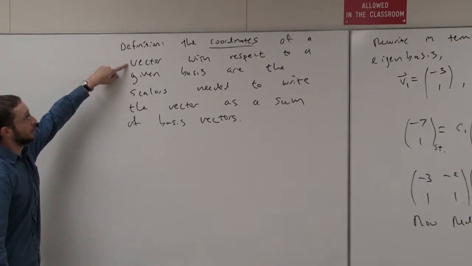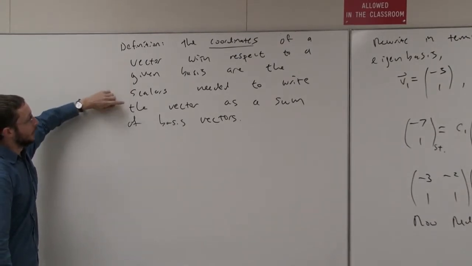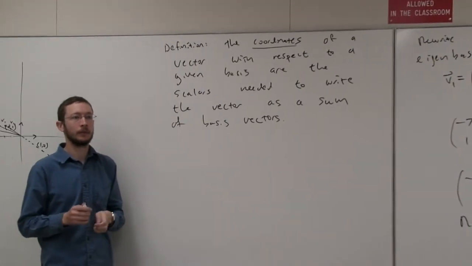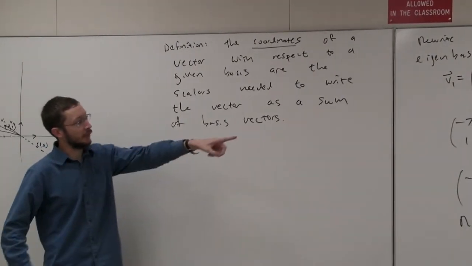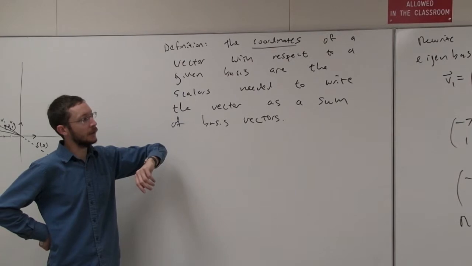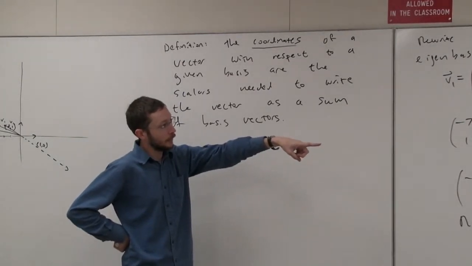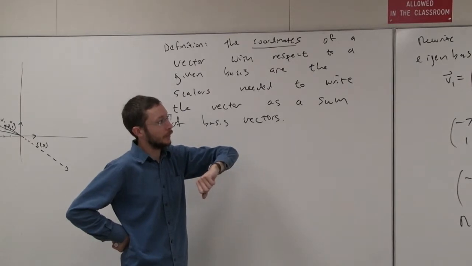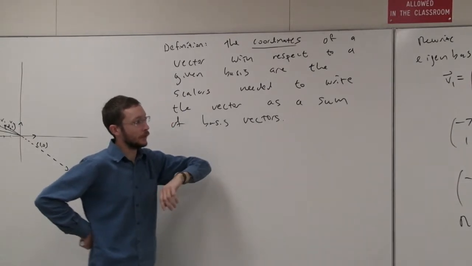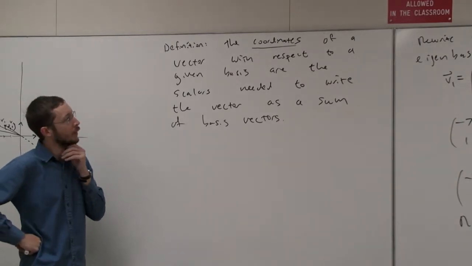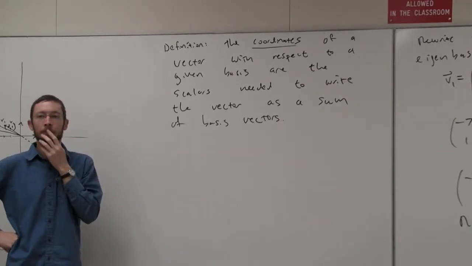So the coordinates for a vector are just the scalars needed to write that vector as a sum of the basis vectors that you're using. Okay? So that's it. That 5, -4, those are the scalars that you need to write this vector -7, 1 in the standard basis in terms of the eigenbasis. And so those are the coordinates with respect to the eigenbasis. Okay? Questions so far?